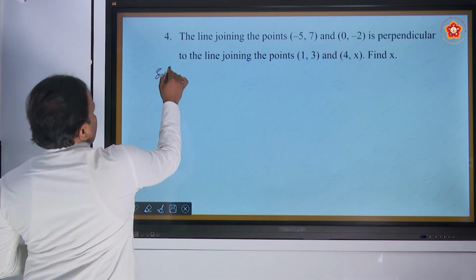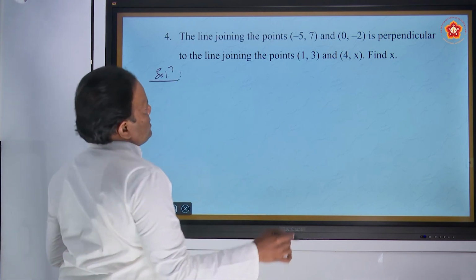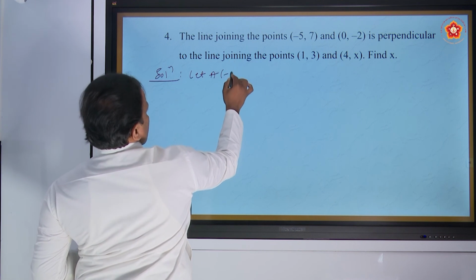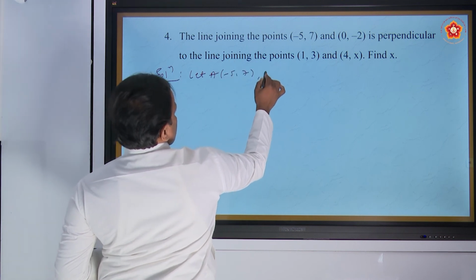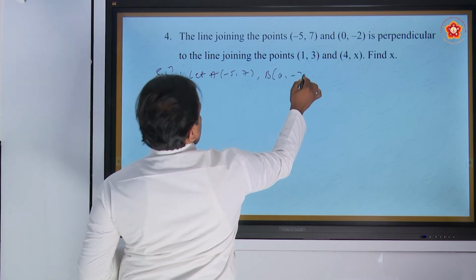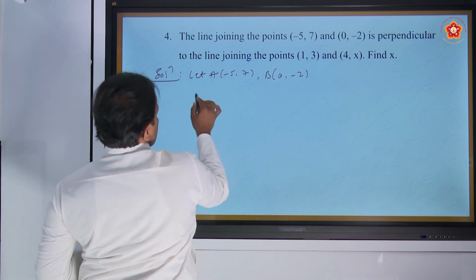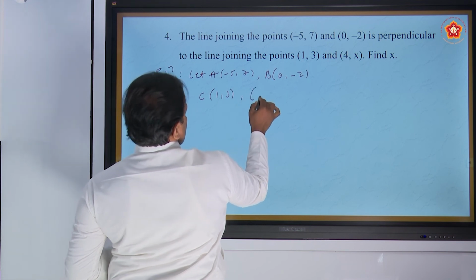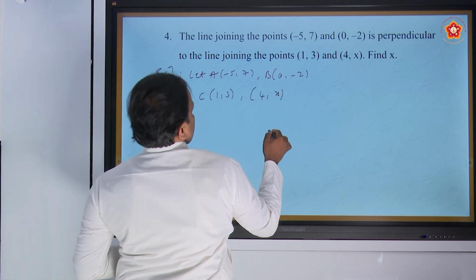See what is given here. The line joining points A minus 5 comma 7 and B 0 comma minus 2 is perpendicular to the line joining points C, 1 comma 3, and D, 4 comma x.